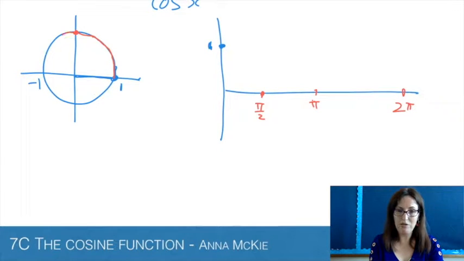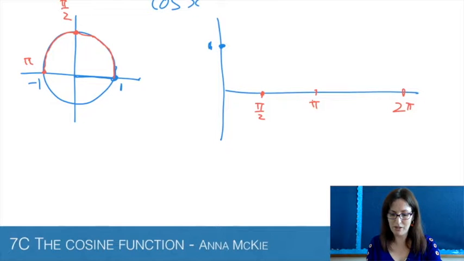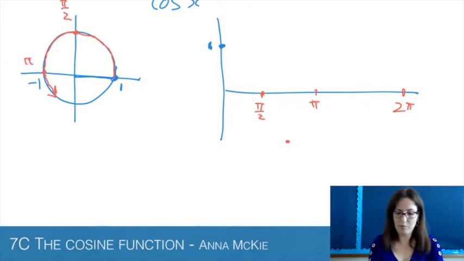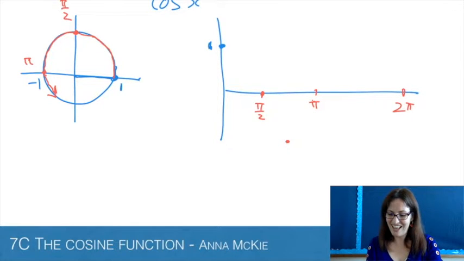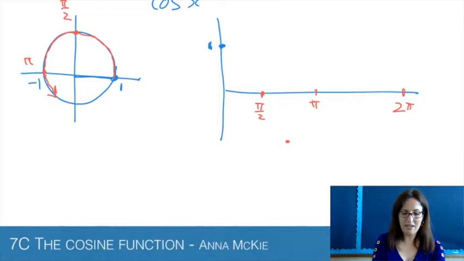As this keeps moving around to what's over here, we have pi over here. We're across at -1. So that means we're going to have a turning point here as it starts to now go back towards +1 as we come back around the unit circle. And as I keep moving around here, we get to 0 again.